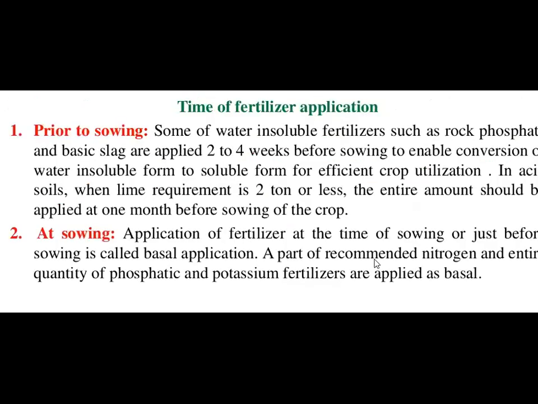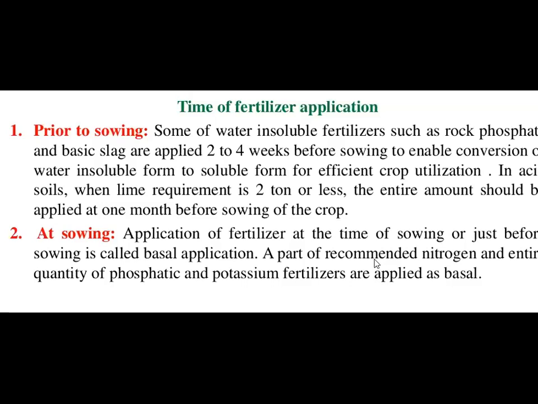Then for efficient absorption or increasing efficiency of nutrients, we have to add fertilizer based on various timings. That is called the time of fertilizer application. First, we have to add prior to sowing.